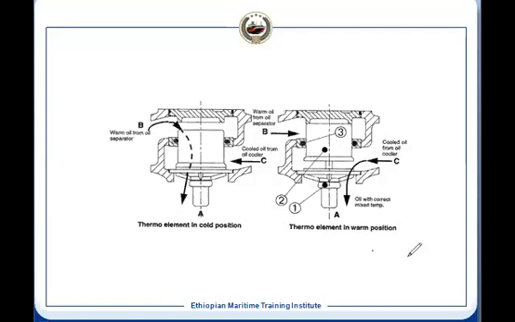So this is the way the three-way valve works in this system. Is it clear how these three-way valves work? Cold position means when the temperature is less, the warm oil has to go. And warm position means when it is sensing high temperature, the cold has to go. This is sensing low temperature. And it can be mixed also, in between.